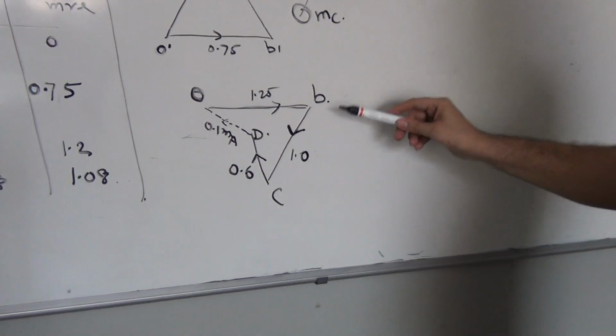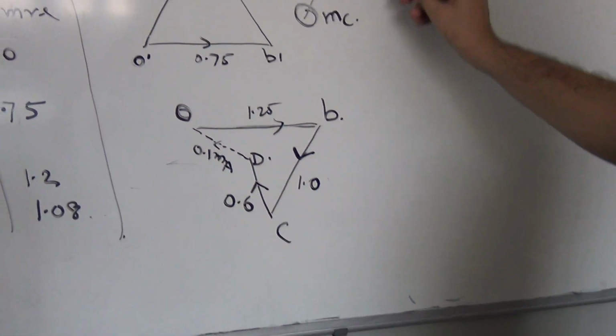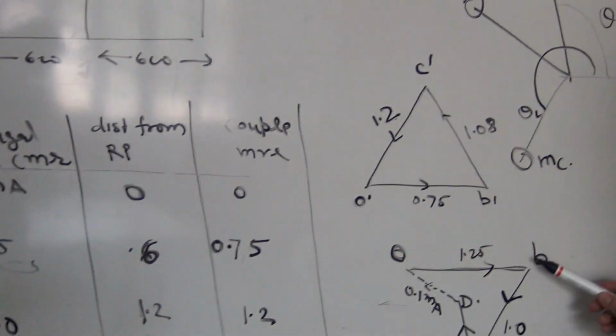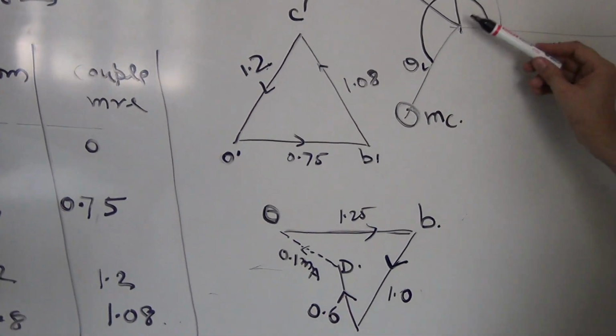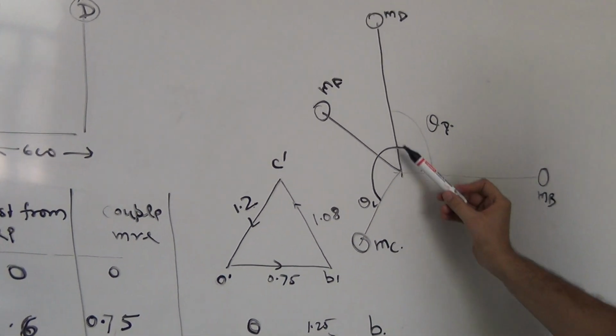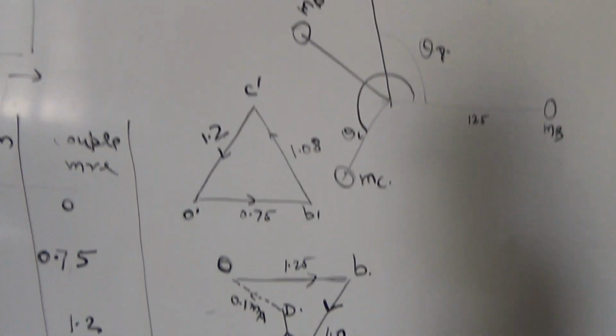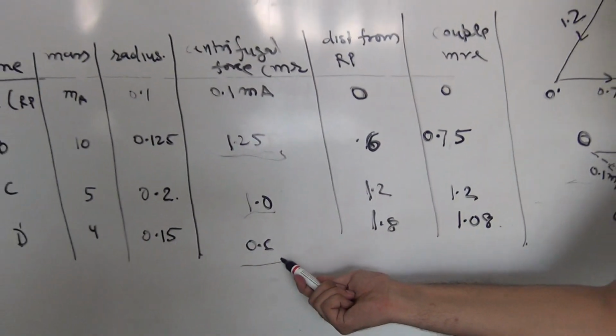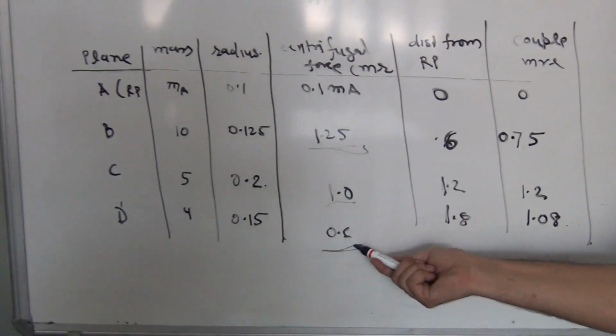From here we know the direction of C, and we know the couple of C is 1. So draw a line parallel to the configuration line of C, and parallel to the configuration line of D draw a line CD equal to 0.6, which is the force of this D plane.